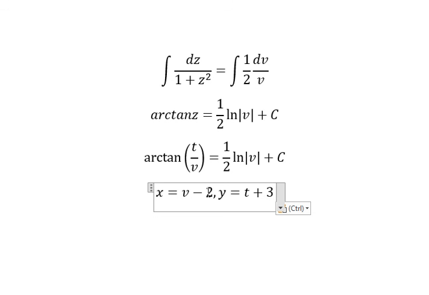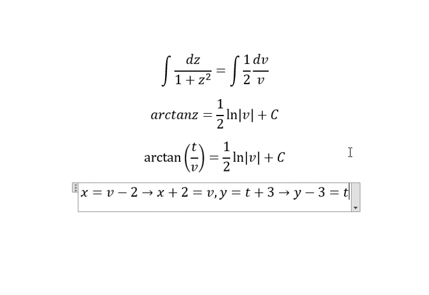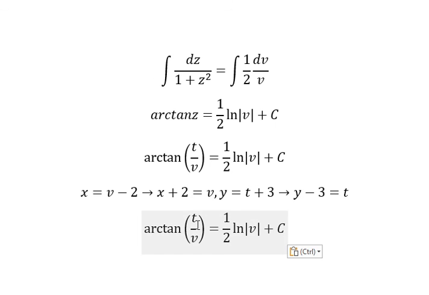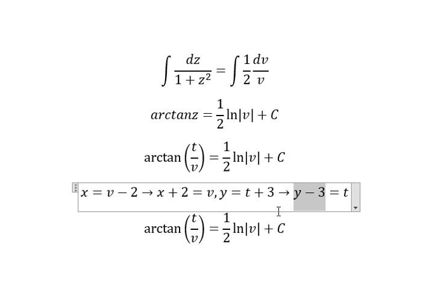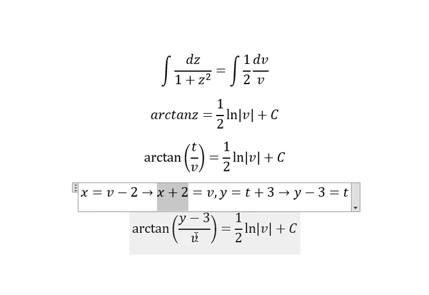So I will put negative number 2 to the left, number 3 to the left. So about t, that is about this one. About v, that is about this one.